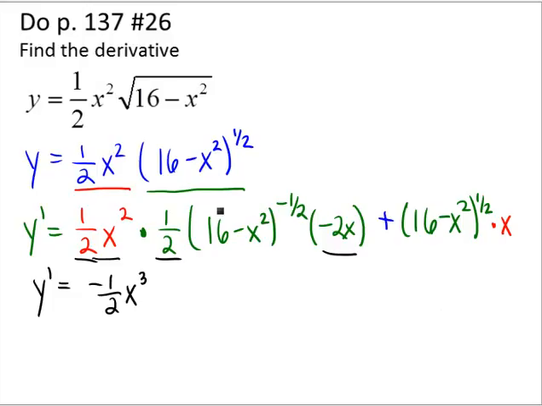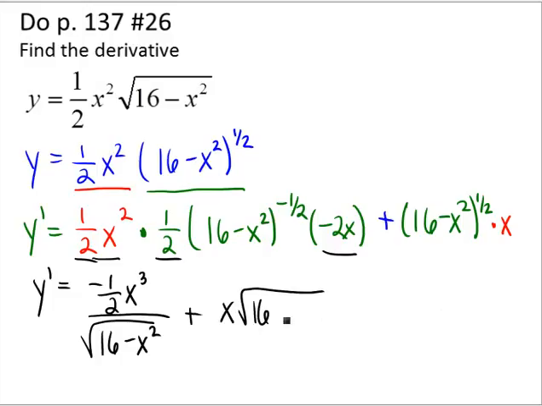This would go on the bottom, so this negative 1/2 power would go on the bottom of the fraction. And then I would add on this x square root of 16 minus x squared.